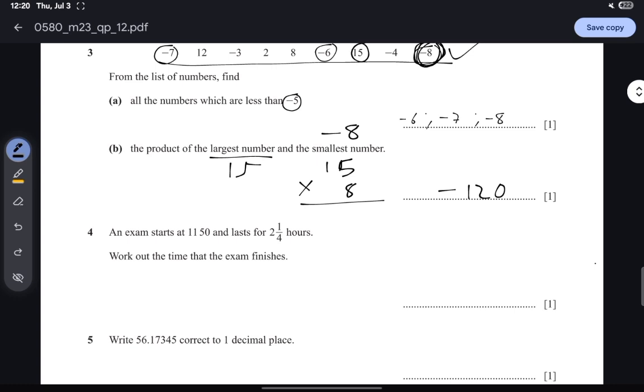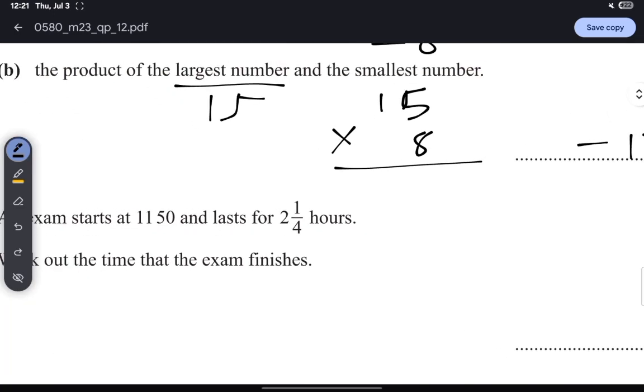All right. Number 4. An exam starts at 11:50 and lasts for 2¼ hours. Work out the time that the exam finishes. So let's convert 2¼ hours into minutes. Right.